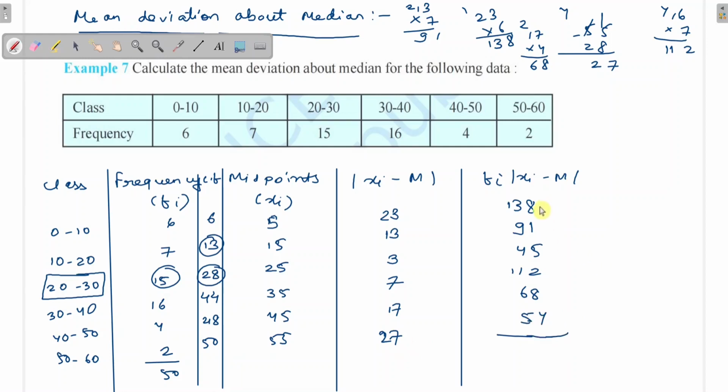Let us take the sum here. 8 plus 1 is 9, 9 plus 5 is 14, 14 plus 2 is 16, 16 plus 8 is 24, 24 plus 4 is 28, and continuing with the other digits, we get 508. Now we can calculate the mean deviation.